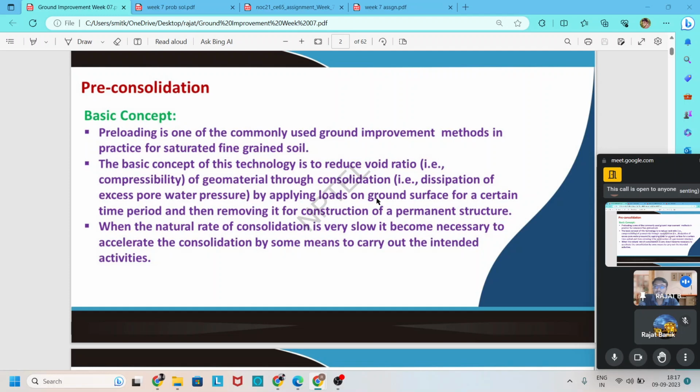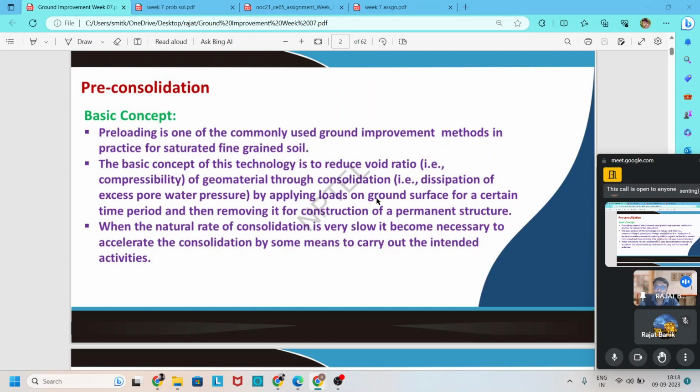So it is said that preloading is one of the commonly used ground improvement methods in practice for saturated fine grained soil. We know that the pre-consolidation or consolidation method is only used for saturated soil, and it is also used for fine grained soil. To generate the consolidation, we apply some loads on it because due to this load, excess pore pressure is generated.